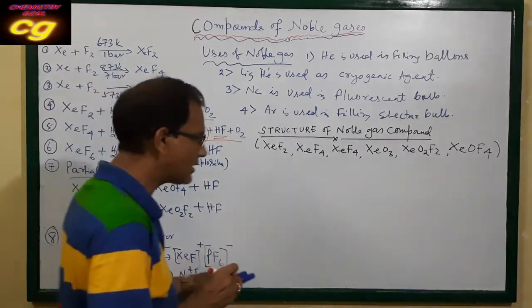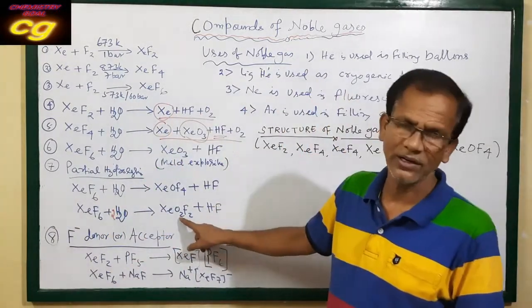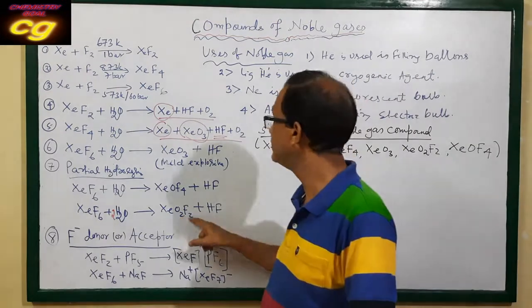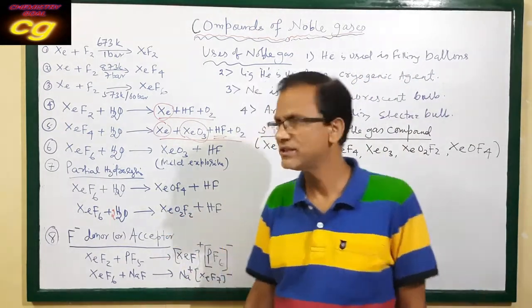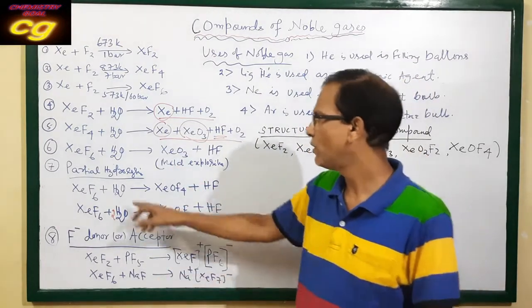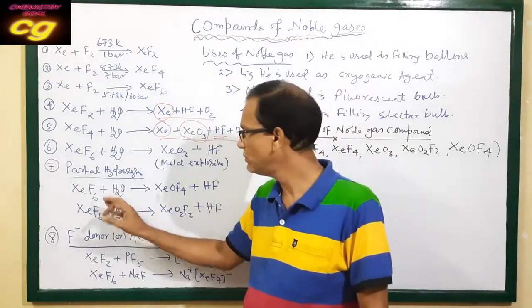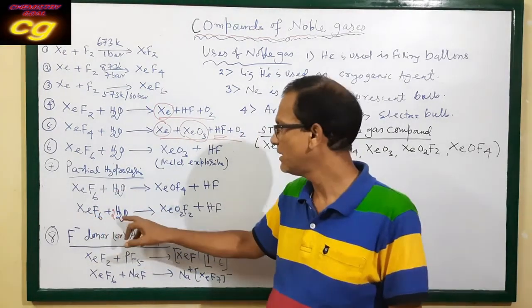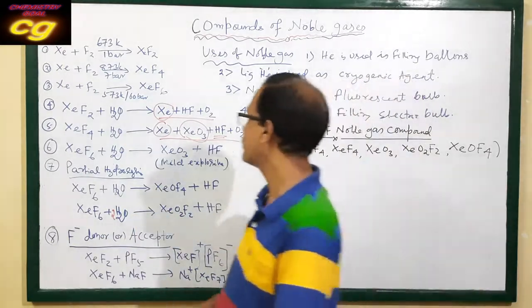When it takes two water molecules, it produces xenon dioxydifluoride, XeO2F2. So this is the difference between xenon hexafluoride taking one water molecule and taking two water molecules. If it takes three water molecules, the product is xenon trioxide.